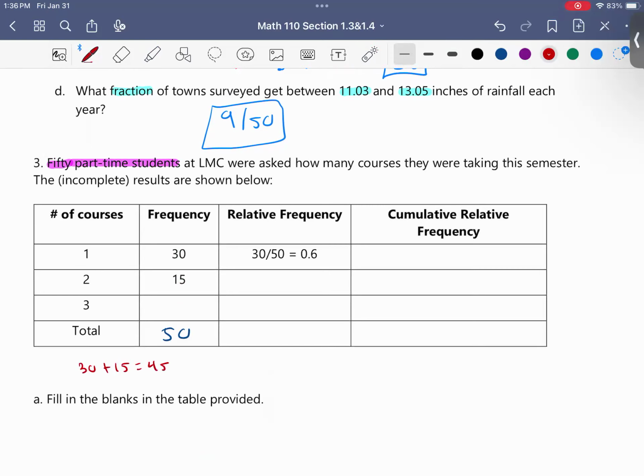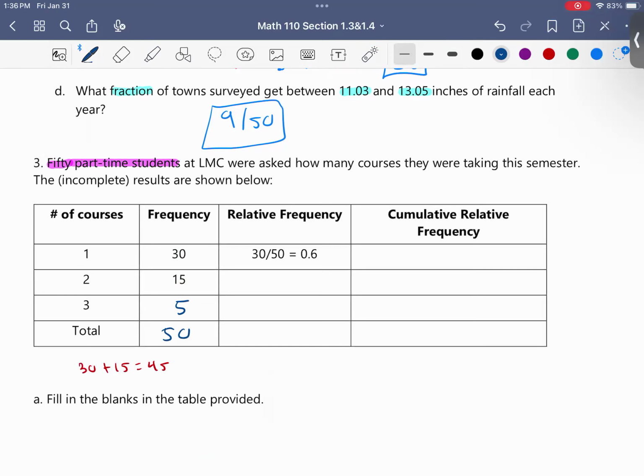But if I need 50 students, how many students am I going to need for that third row? I'm missing 5 students to get to 50. So 5 would be the frequency for that row. And if you add 30 plus 15 plus 5, you get 50.